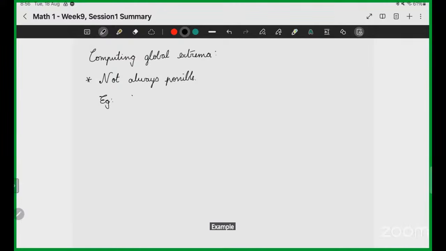A very simple example is f of x equal to 1 by x. Or let's just take e to the x, since it's even nicer, on minus infinity to 0. I'll just take this interval.